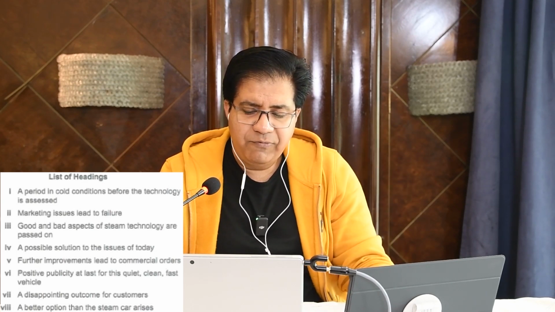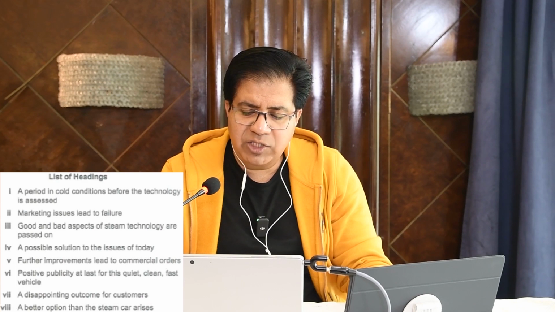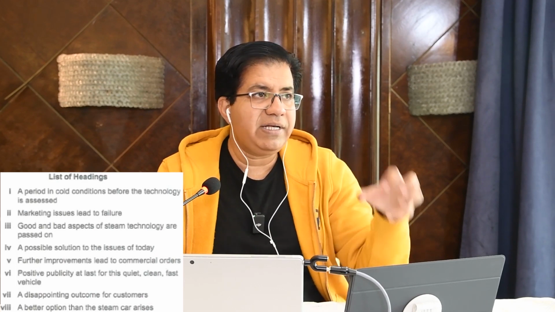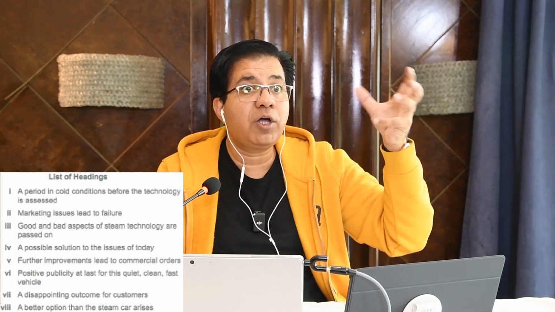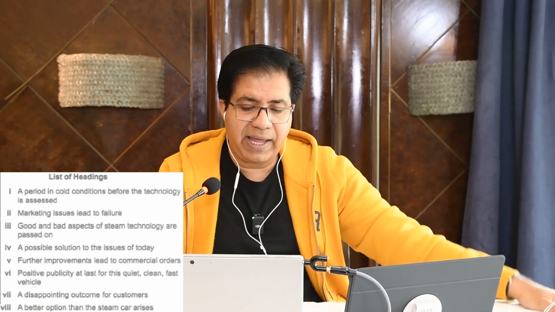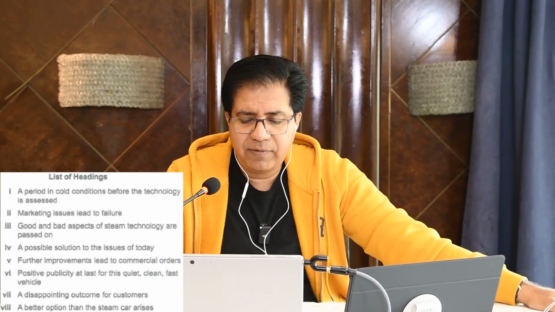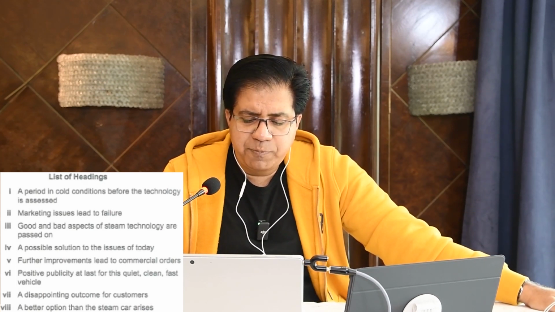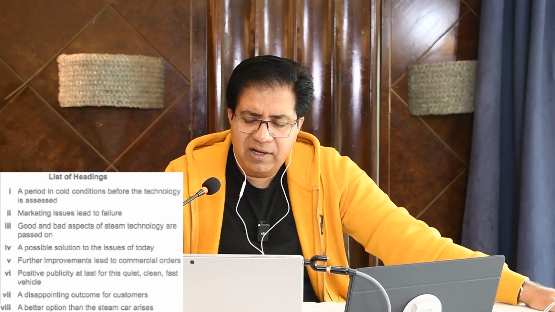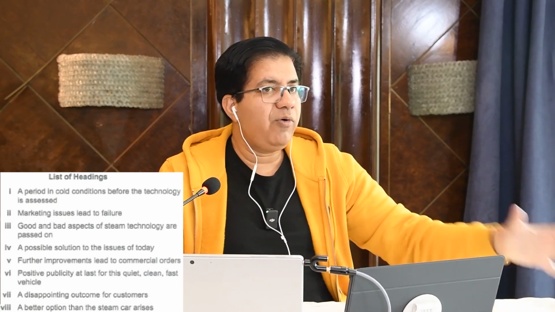Heading number 5, further improvements lead to commercial orders. They did some improvements and then they got commercial orders, that people wanted to buy their cars or things like that. Heading number 6, positive publicity at last for this quiet, clean, fast vehicle. Now, in one paragraph, they will talk about positive publicity.